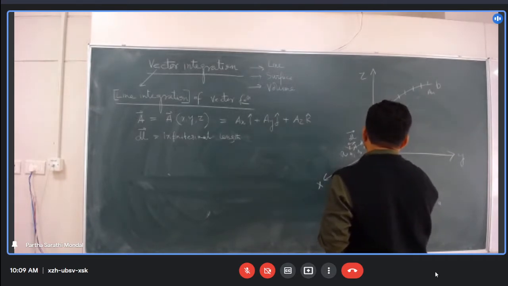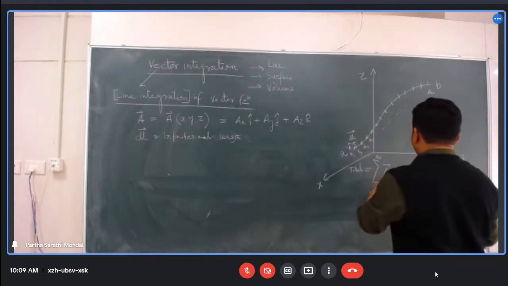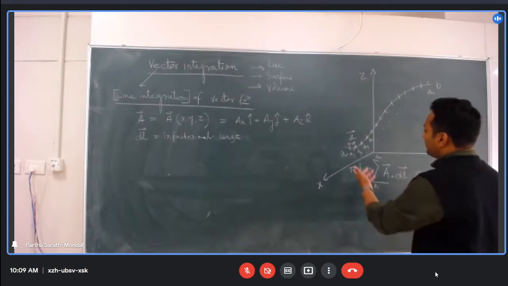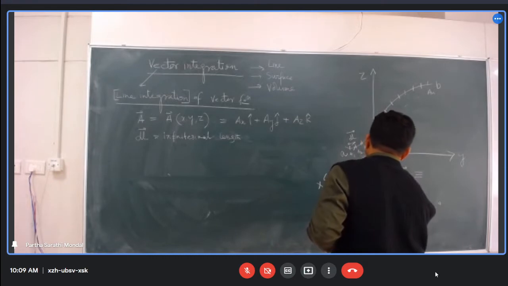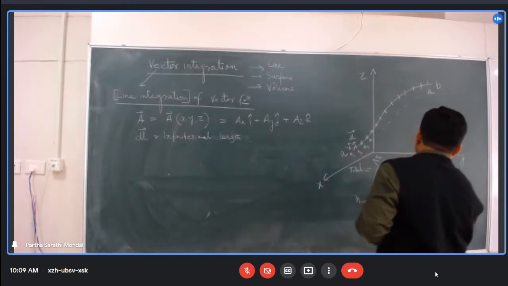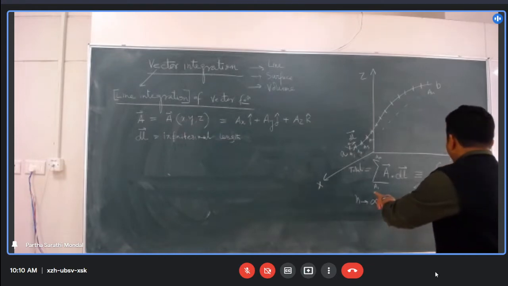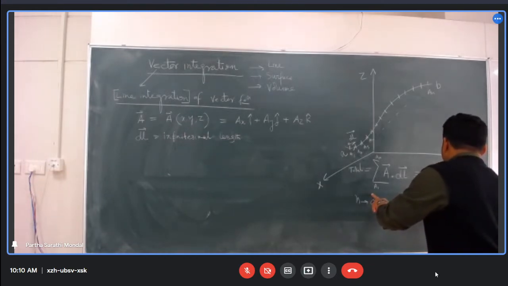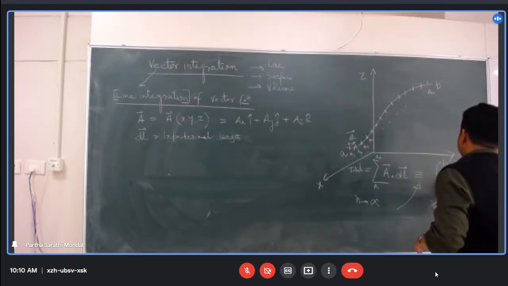This will give you the line total. And if I want to deal with a continuous variable, if I take n tends to infinity, then this will become an integration, from A to B, of A dot dl.